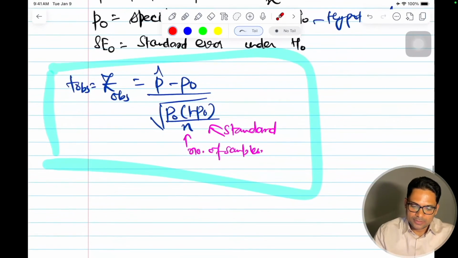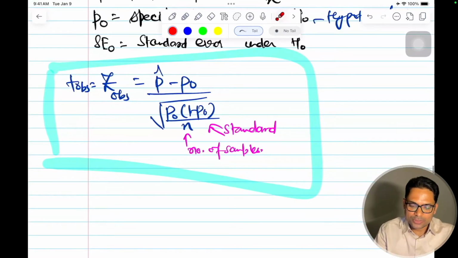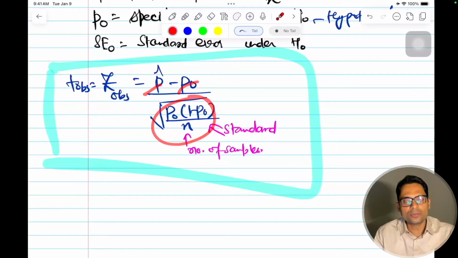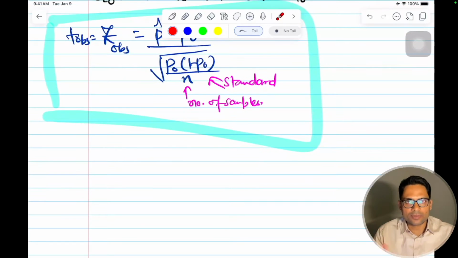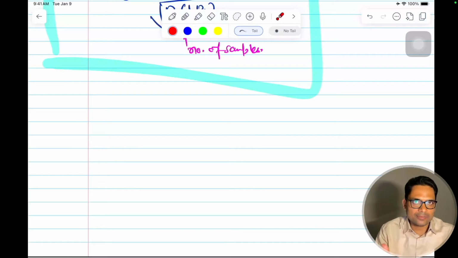Simple. In case of means, we compare the two means, and there is a standard error below. The standard error is a standard deviation only, but of the observed statistic, and we infer something from that. It's nothing different.